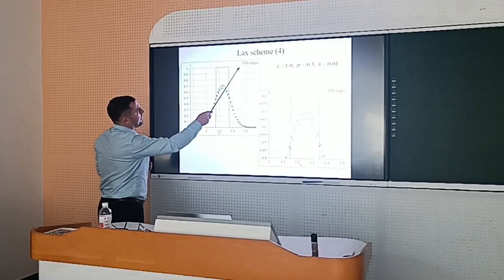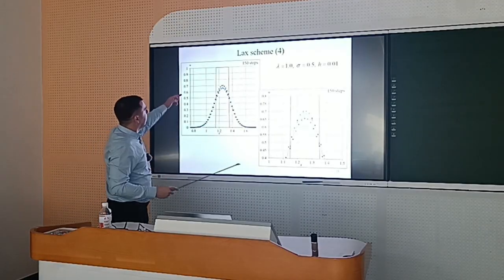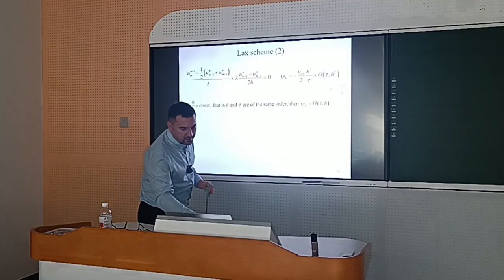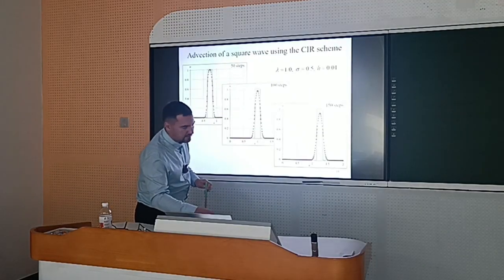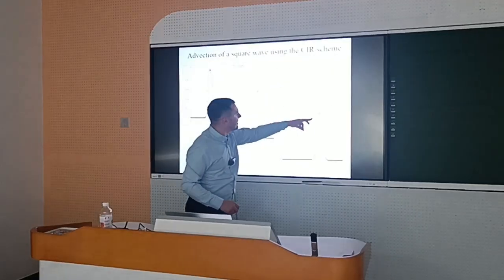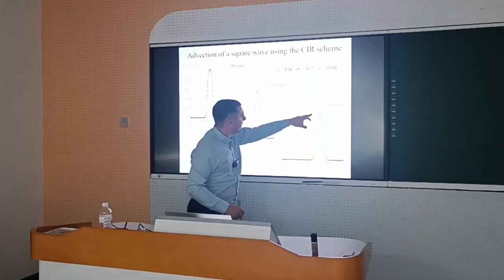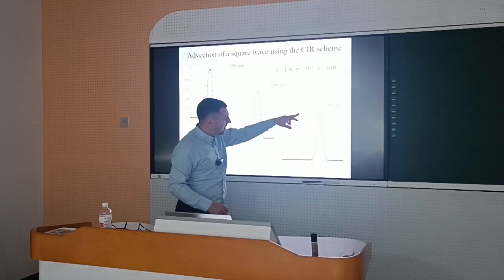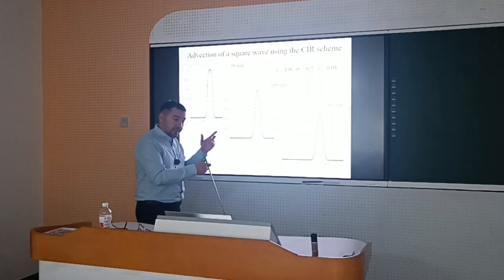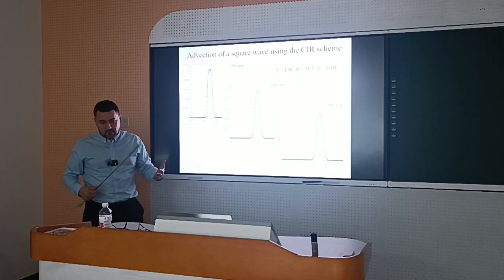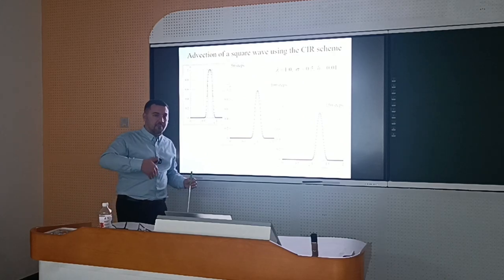So you can see 150 steps, the same problem, and you can see that amplitude is about 0.7, right? And here we had 0.9, not 9, but something. Yeah, even more than 0.9. So another important thing is that even among different first order schemes, some schemes are more accurate.